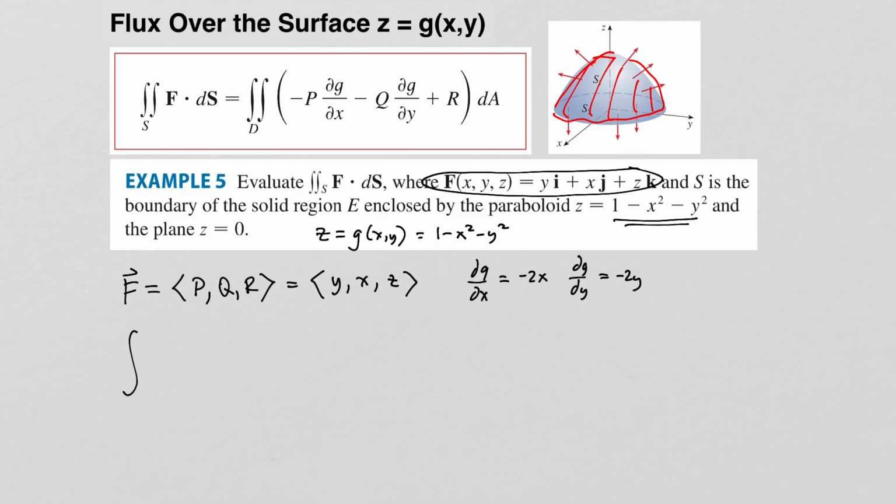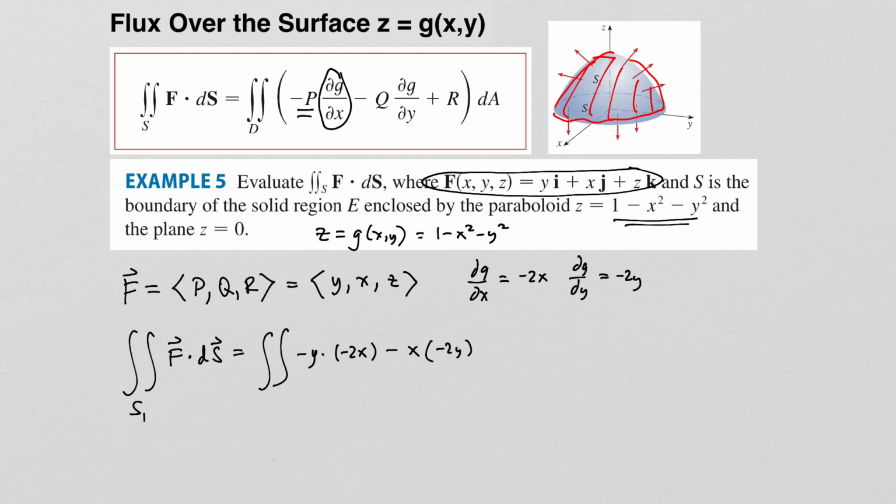And now this integral over S1 of F dot dS is going to be the double integral of negative P, which is negative y, times the partial derivative of g with respect to x, negative 2x, minus Q, which is x, multiplied by the partial derivative of g with respect to y, which is negative 2y, and then plus R, which is z, and then dA over our region D.